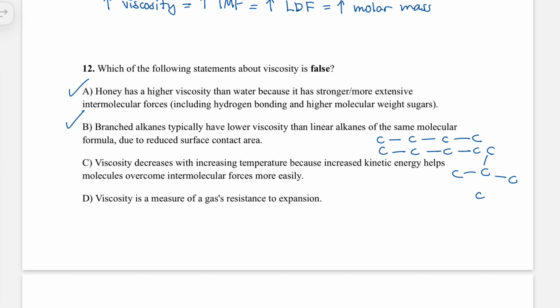Whereas for this one, it's going to be a little awkward and not have as much surface area between the two. And then because there's a lower contact area, it's going to have weaker London dispersion forces. So there's less space for LDF contacts.